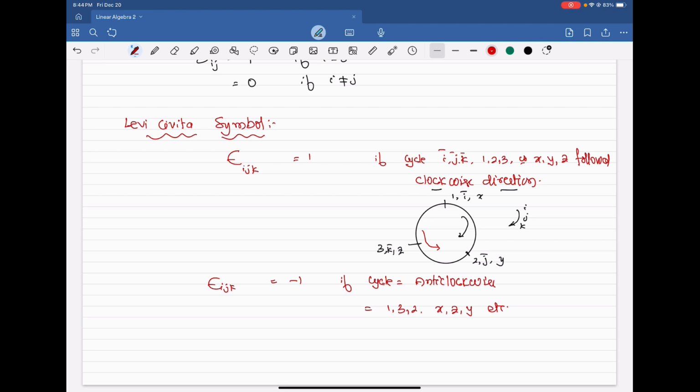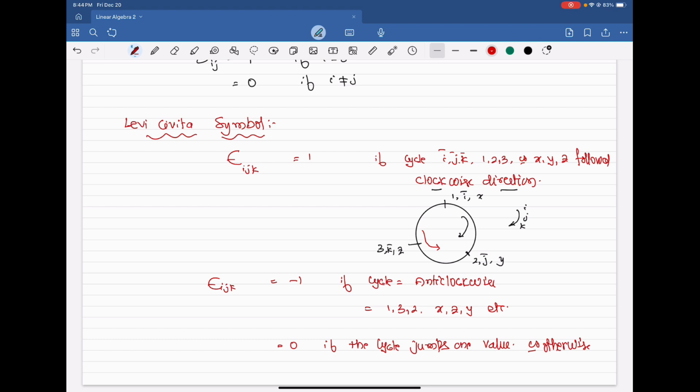This value will be 0 if the cycle jumps one value or otherwise. There is a cycle jump.